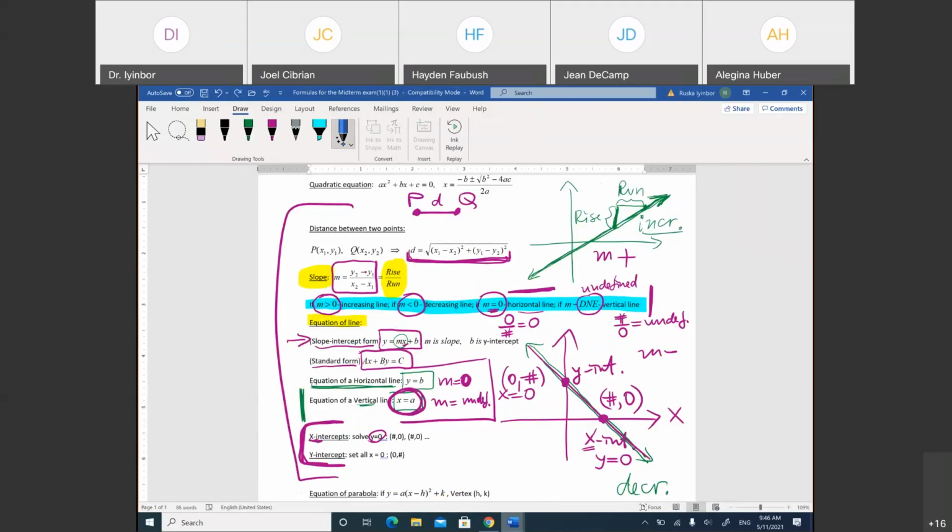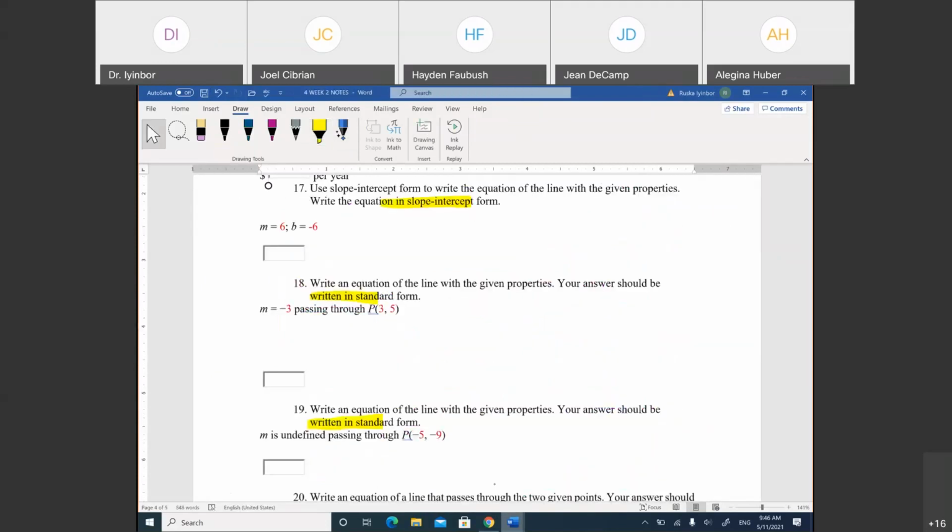So how are you gonna do that? We're gonna start with number 17. Slope-intercept form is y equals mx plus b. This is the formula, right? This is exactly slope-intercept.